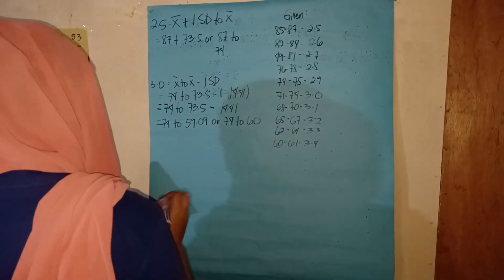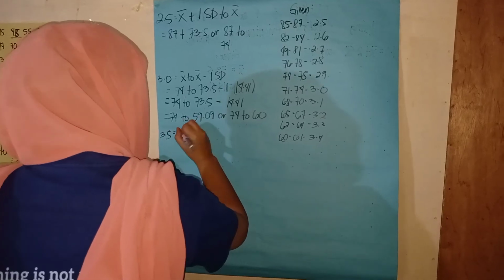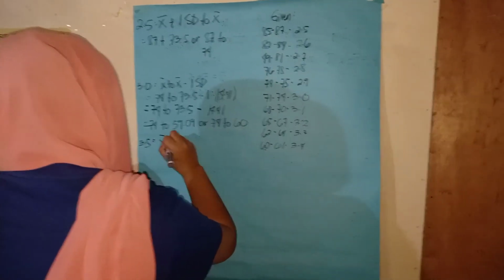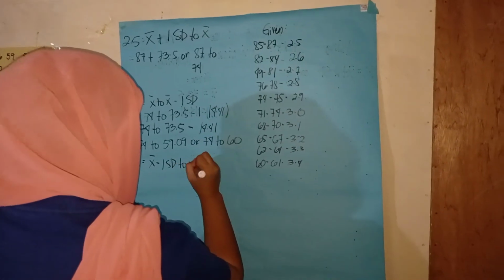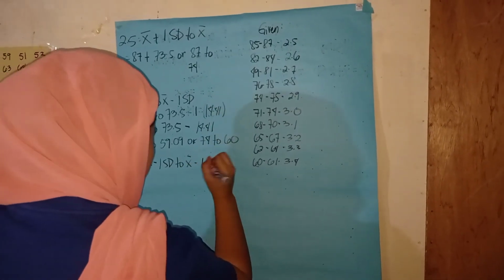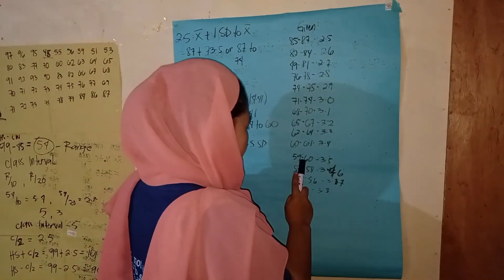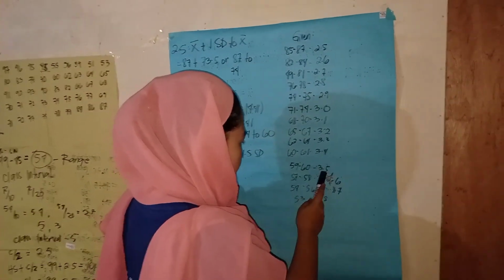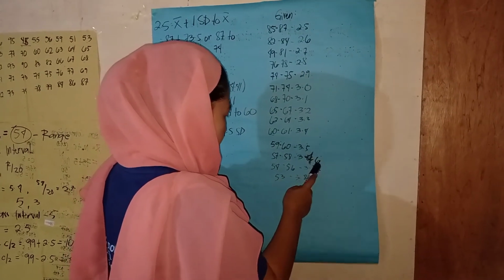Next is 3.5. So our formula is mean minus 1 standard deviation to mean minus 1.5 standard deviations. Our given 59 to 60, we have 3.5. And 57 to 58, we have 3.6.